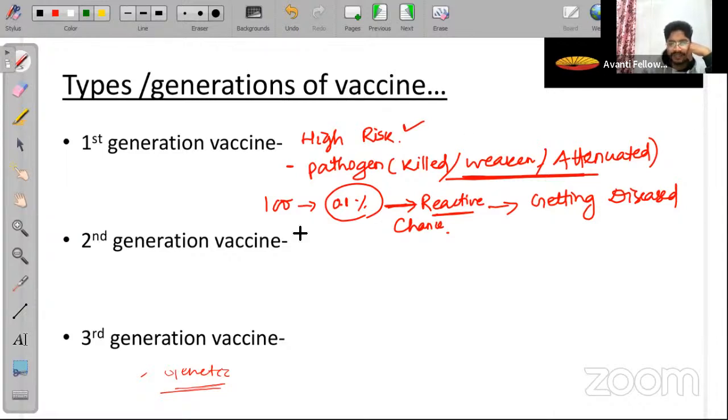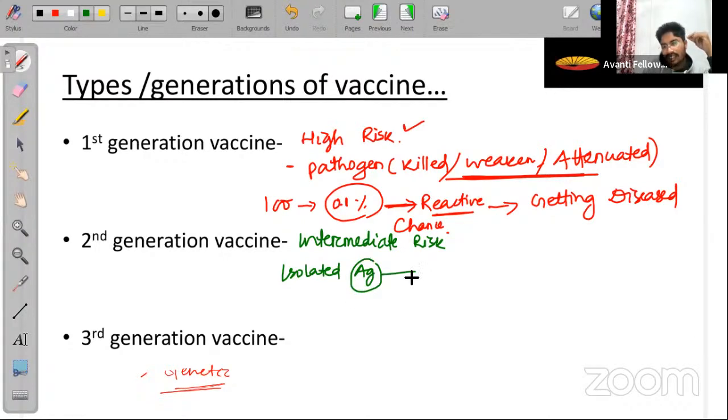There will be intermediate risk. Why? Because instead of giving pathogen or inserting pathogen into the body, the scientists isolated the antigen, the disease causing particle.